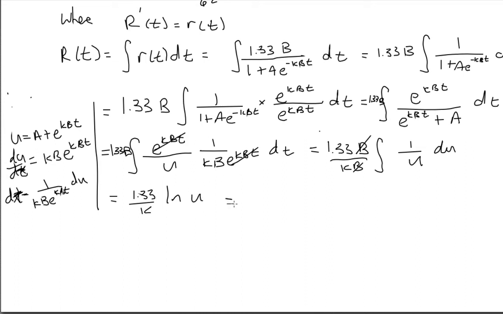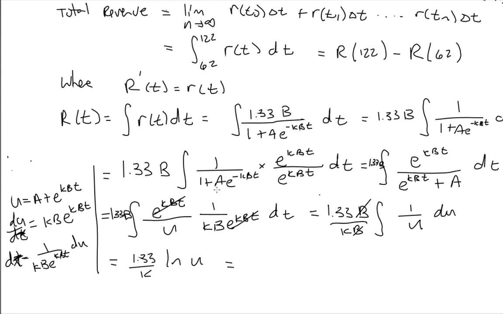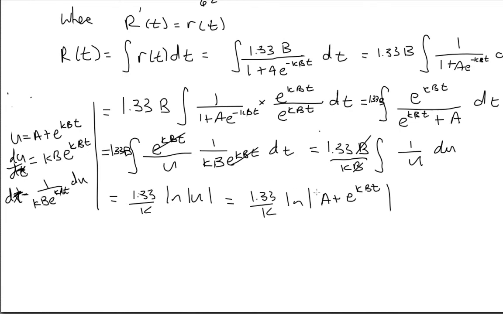Knowing that, I can then go back and change this, what I know about what u is. Actually, sorry, that's the log of the absolute value of u. So if I just plug u back in here, we have 1.33 over k, logarithm of the absolute value of, what is u? A plus e to the kbt. Of course, a is a positive number.